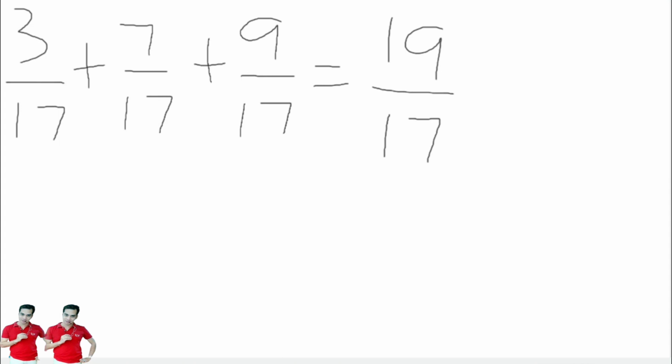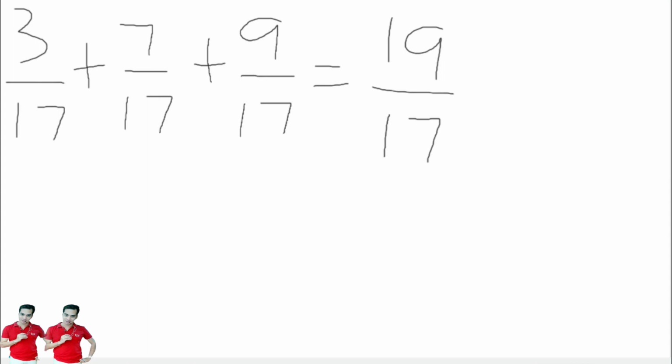So pag improper fraction ang sagot sa fraction, we are going to simplify the answer. Paano po ba natin isi-simplify ang answer or yung 19 over 17? Masisimplify natin yung 19 over 17 sa pamagitan ng pag-divide.